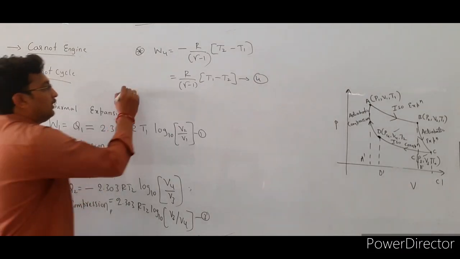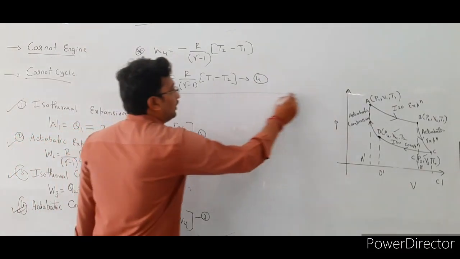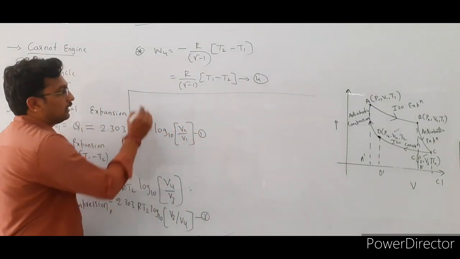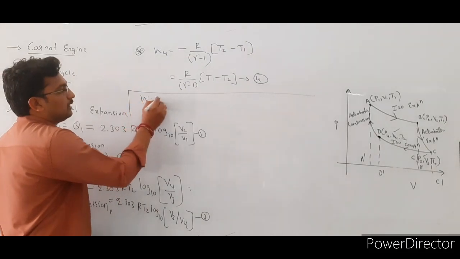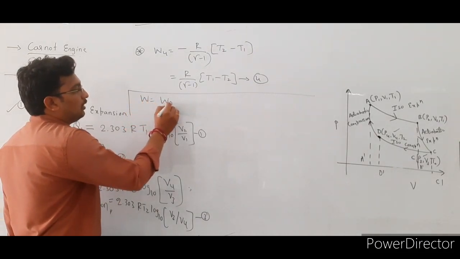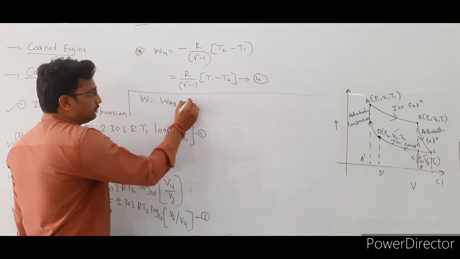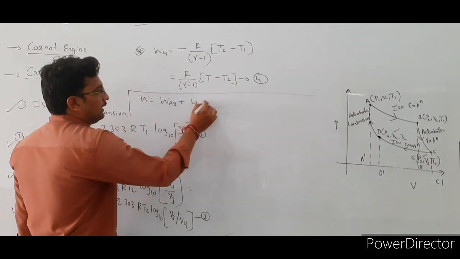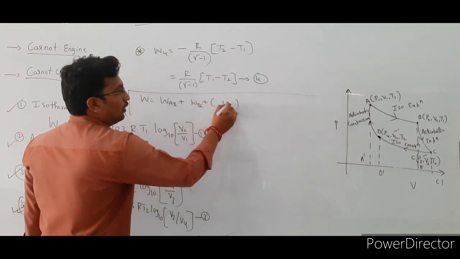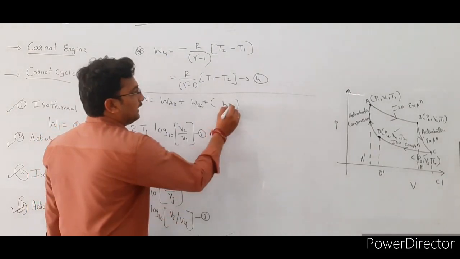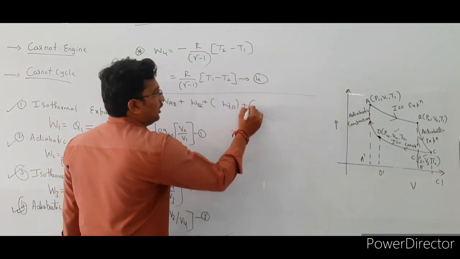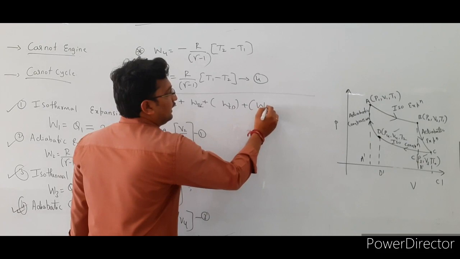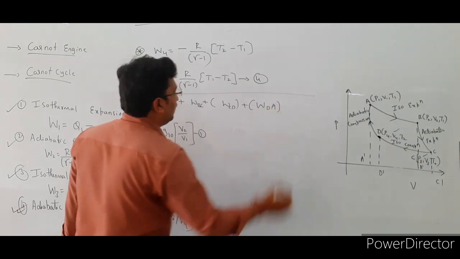So, next one, we are going to find out the total work done, that is equal to work done along AB plus work done along BC plus work done along CD plus work done along DA, right. Okay.